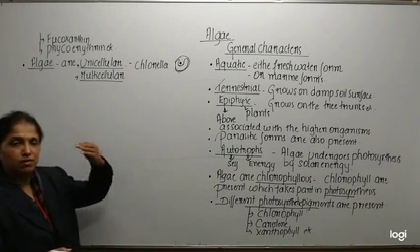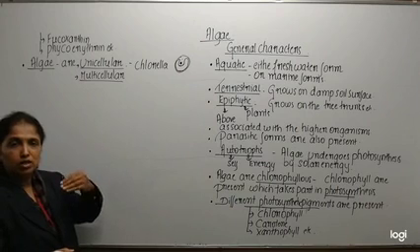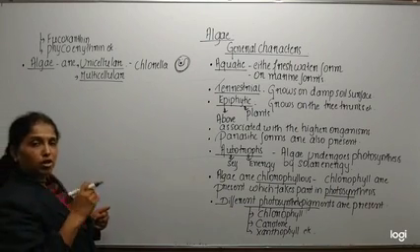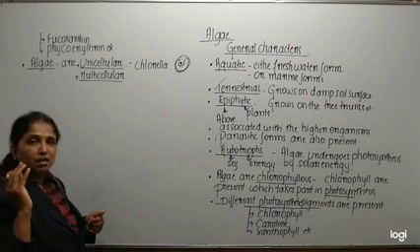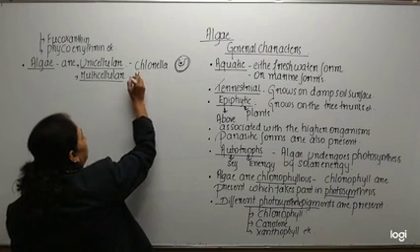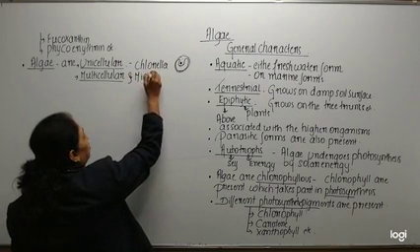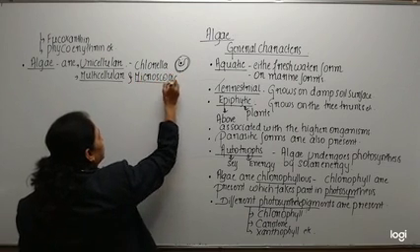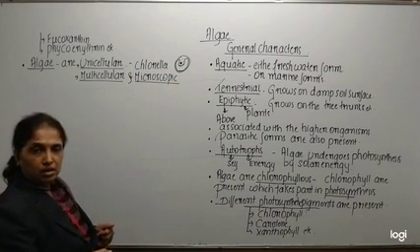So now it is an advanced character compared to Kingdom Monera. The body is made up of many cells but still small, microscopic. So it is multicellular and microscopic. Not all.